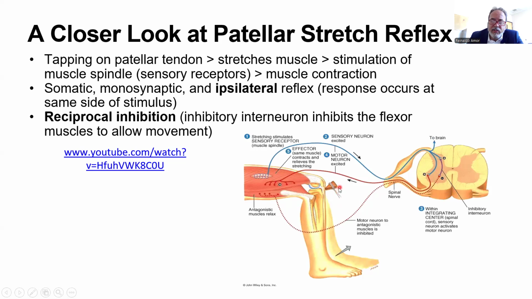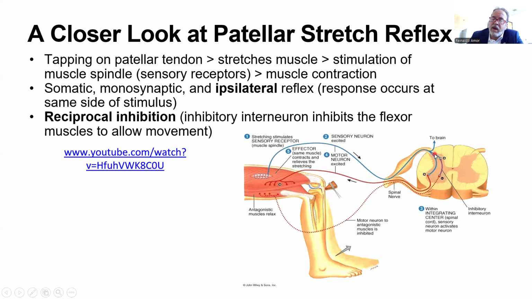So for example, when we strike the patellar tendon here, then it stretches the muscle. Okay, the muscle is stretched, right? And then that stimulates the receptors in the muscle spindle. And a sensory neuron takes this information to the spinal cord.